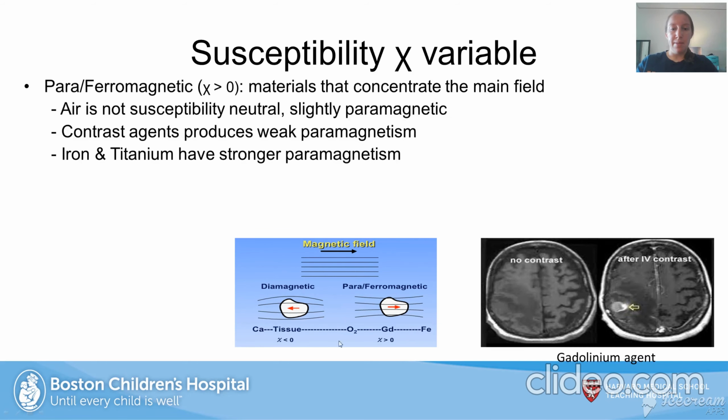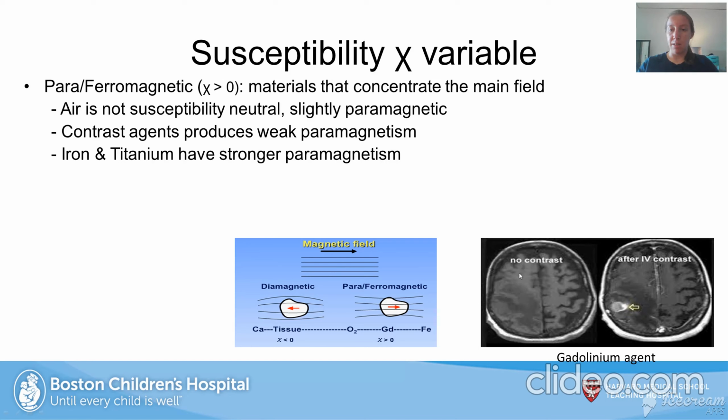The different materials here have a different range of ferromagnetic properties. Air is actually not susceptibility neutral. It's slightly paramagnetic, with a chi value greater than 0, although it's a very weak paramagnetism. There are contrast agents that produce weak paramagnetism, and gadolinium is one of them.